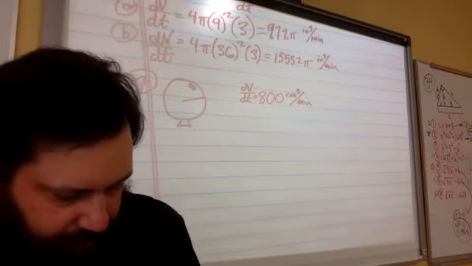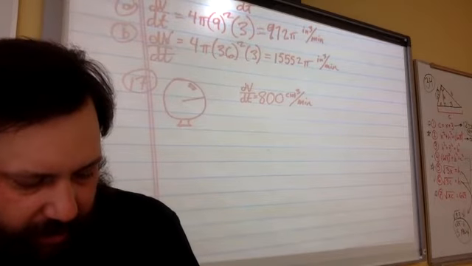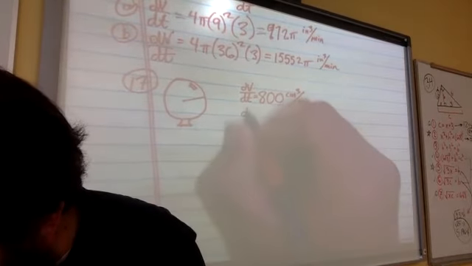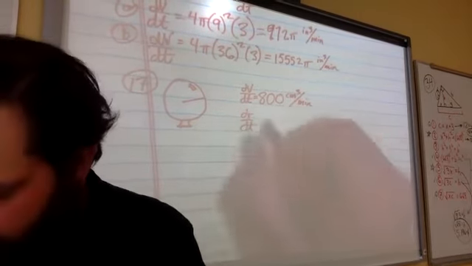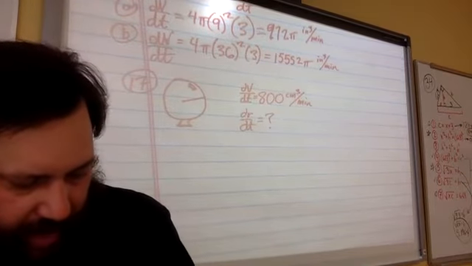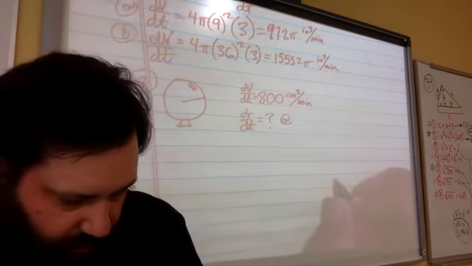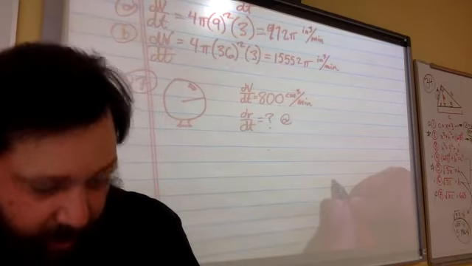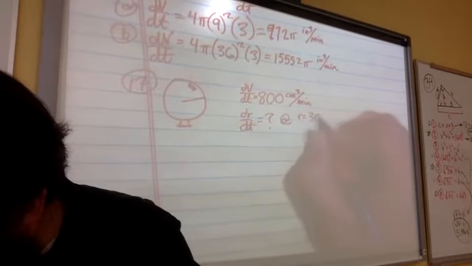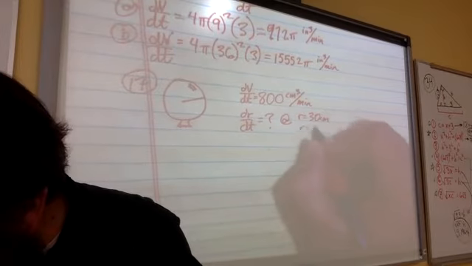Then how fast, so that's asking about a speed also, or a rate. How fast is the radius, dr/dt, of the balloon increasing at the instant the radius is r equals 30 centimeters and 60 centimeters?